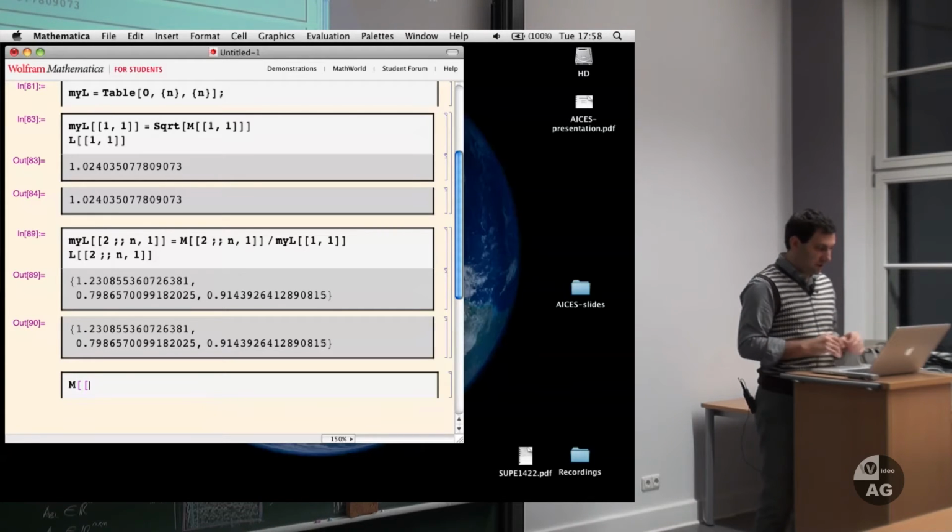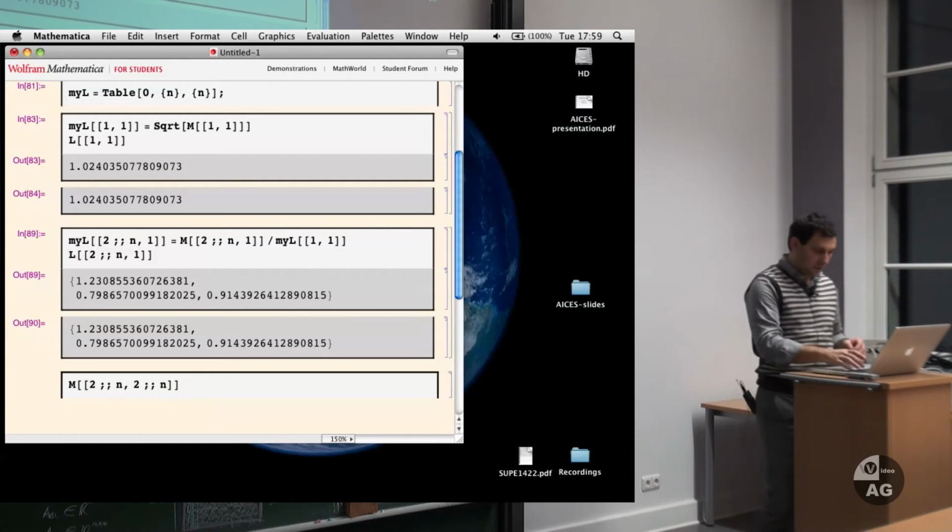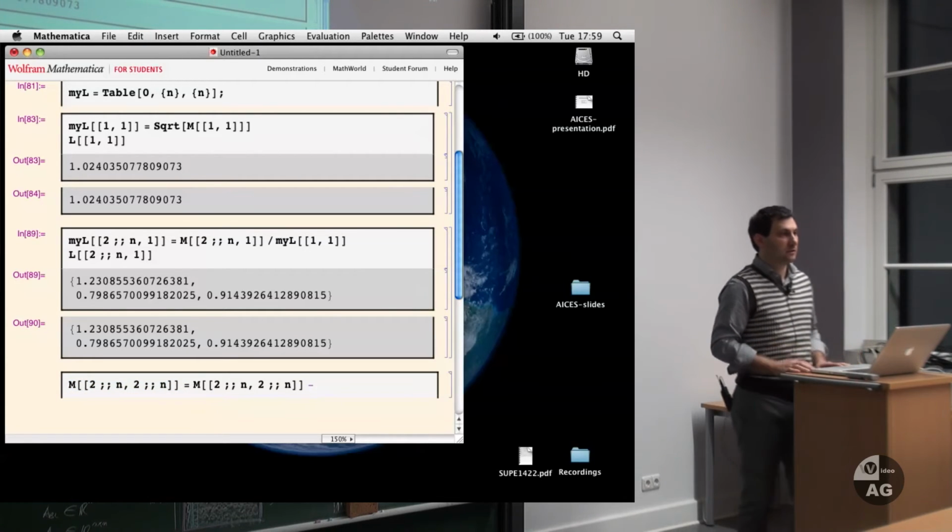Yes, so give me the indices. 2 to n. Okay, so this is the bottom right part, very good. This is going to be itself minus, what happens next?